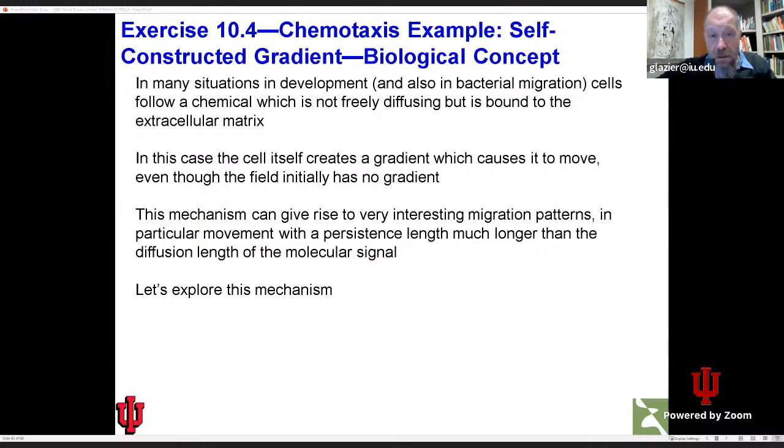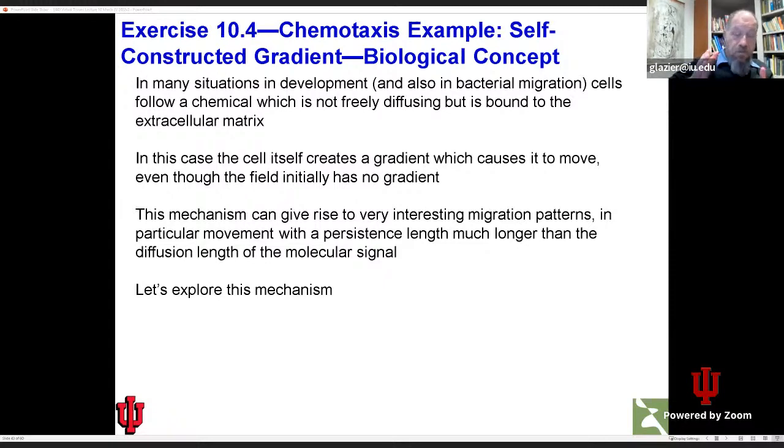If I eat it, then where I'm sitting, the concentration is low, but ahead of me, the concentration is higher. And if I then move chemotactically up the gradient, I will move forward, and then I'll eat it there, and the gradient will move ahead of me, and I'll eat it again, and it'll move ahead of me, and I'll eat it again. And that will tend to cause me to move forward.